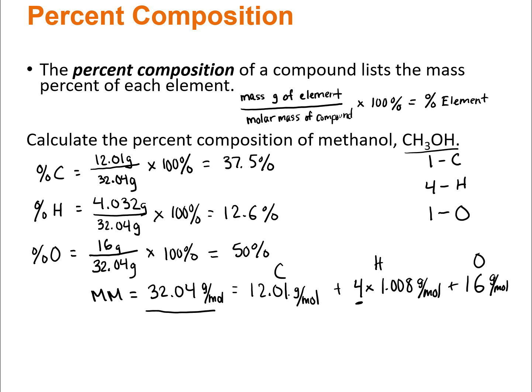So you find carbon, hydrogen, and oxygen on the periodic table, and then you add all that stuff up together and get the molar mass. Any other questions? All right.